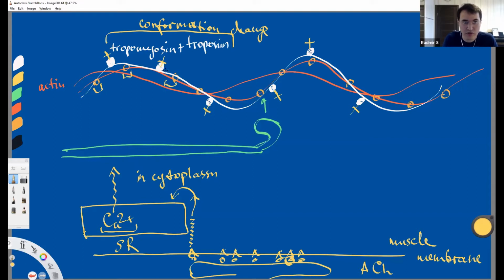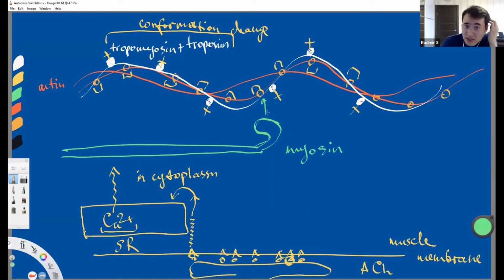They are not blocked anymore by the tropomyosin complex. And since they are free, the myosin fiber has the access and it really starts moving towards these binding sites.